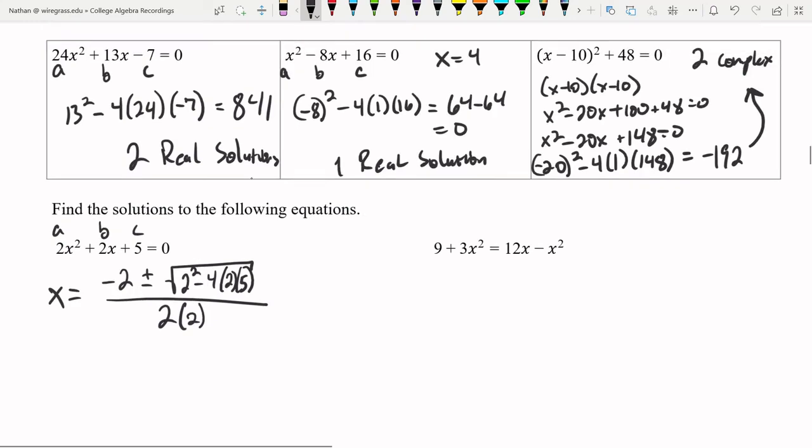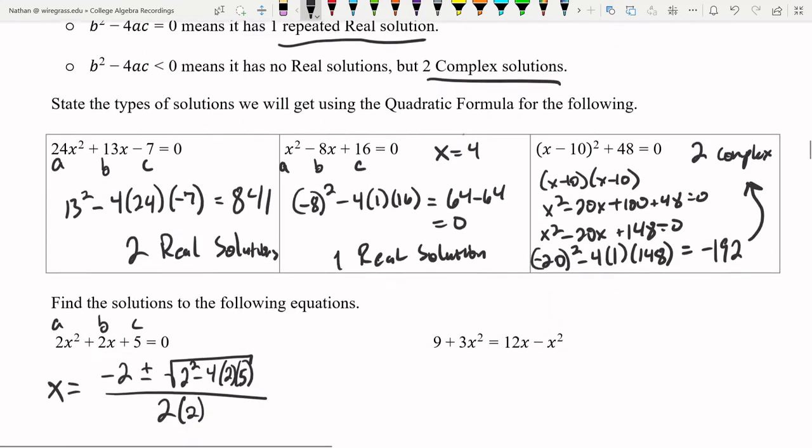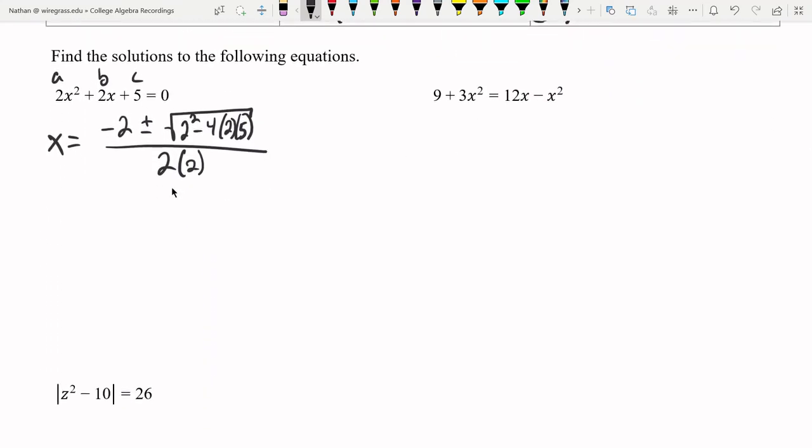Just go back to the quadratic formula and plug in A, B, and C into here. Okay, simplifying the statement down, we're going to get -2 plus or minus, it's going to be 4 minus 40. It's going to give us -36.